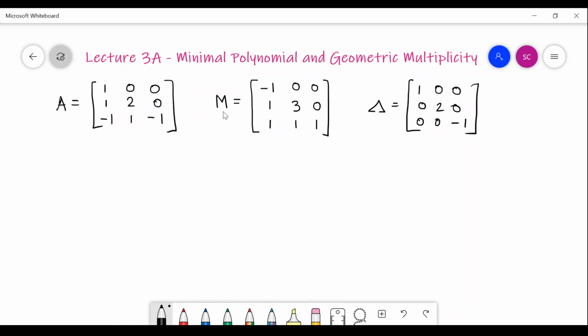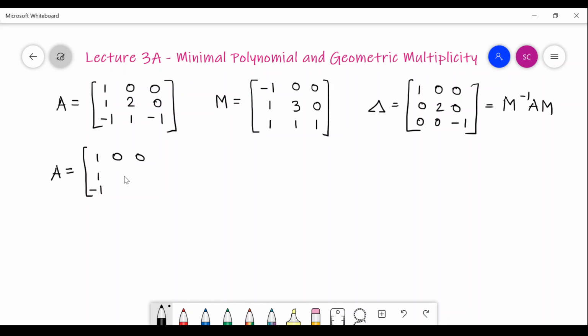And if you do M inverse AM, then you would get this diagonal matrix. So the diagonalization process is quite easy and straightforward, and you can completely diagonalize the matrix A.